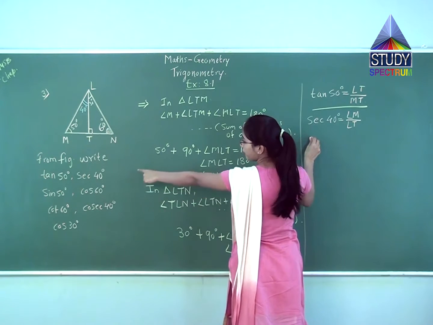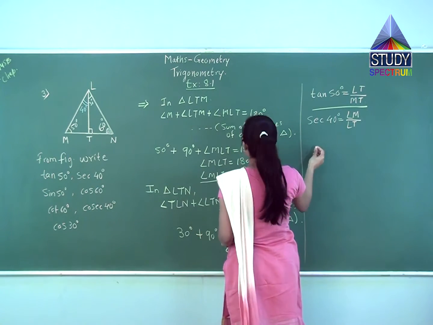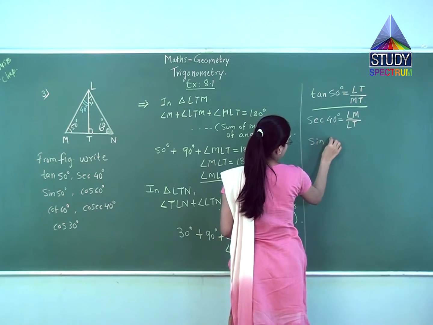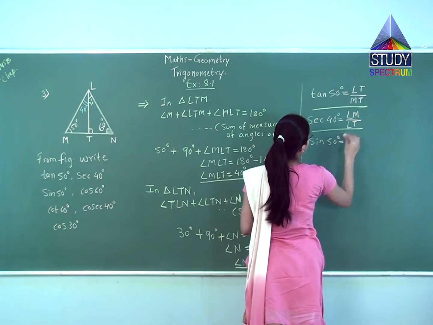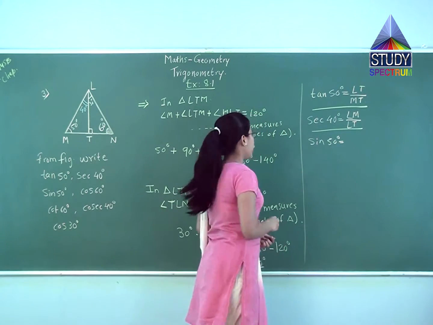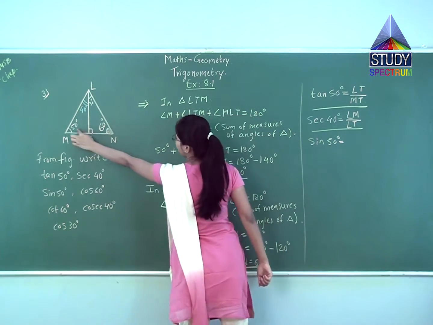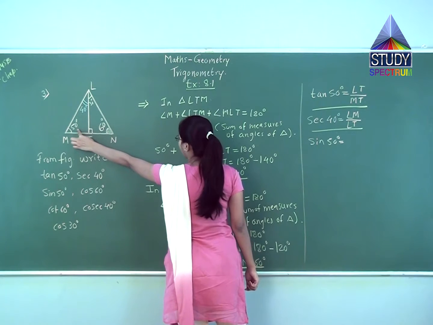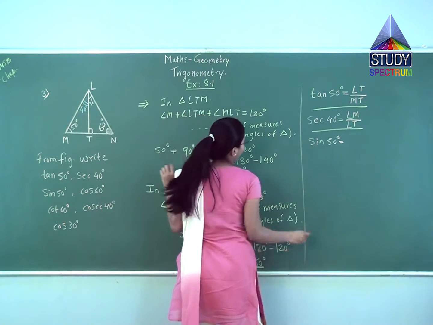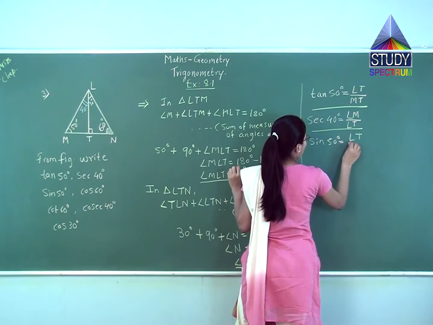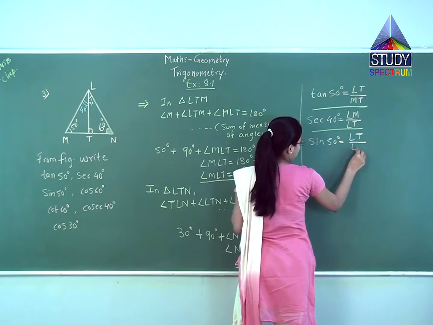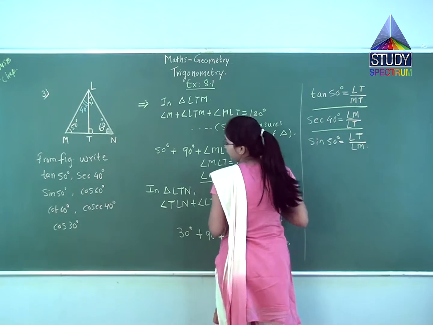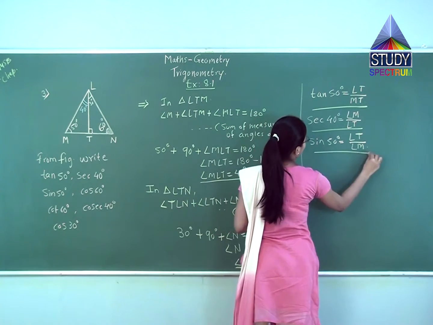The next ratio we will find is sine 50 degrees. What is the formula for sine? Opposite side upon hypotenuse. Look, this is my 50 degree angle, so the opposite side is LT and hypotenuse is LM. So this is the required ratio.